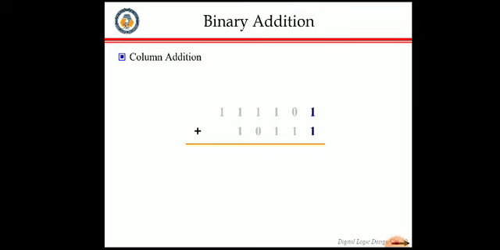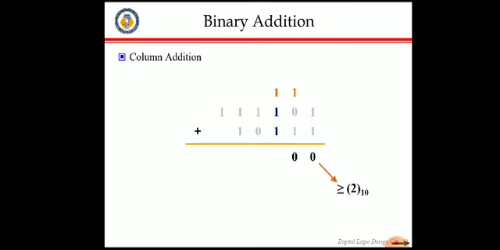So 1 plus 1 is 10, that means carry is 1, 0 is the sum. Now 1 plus 0 is 1. Then 1 plus 1 is 10, so in the next position, carry is 1 and 0 is the sum. Now let us see, 1 plus 1 plus 1. 1 plus 1 is 10, 10 plus 1 is 11.